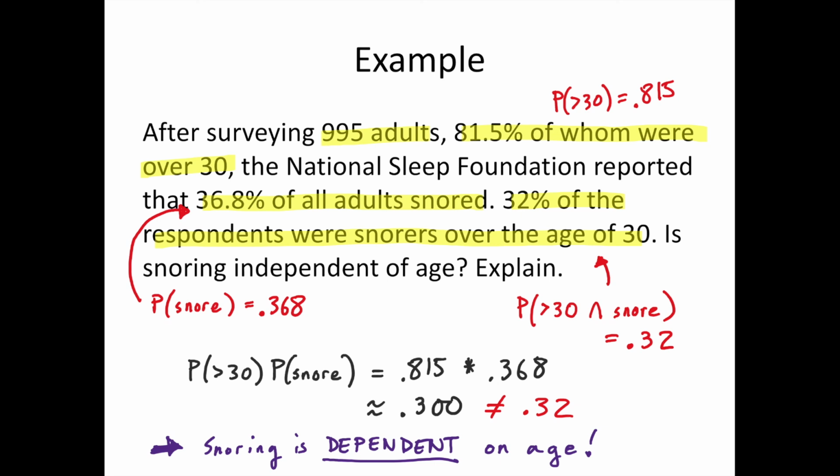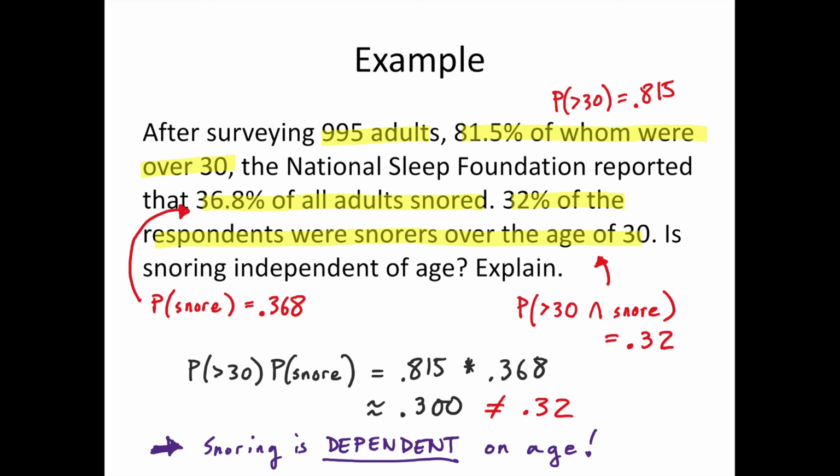So I see here in this case, I happen to have all three quantities I need to make use of the definition of independent events. So what I do is I take the two individual probabilities and multiply them together, 0.815 times 0.368. I see the result is approximately 30%. But that's not equal to 32%, the probability that someone is greater than 30 in age and a snorer.